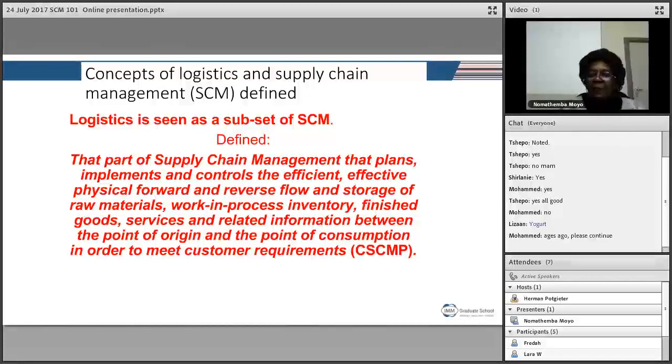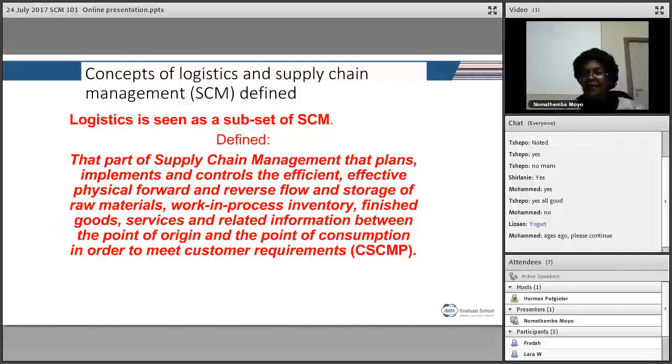It is that part of supply chain management that plans, implements, and controls the efficient, we talked about efficiency, effective physical forward and reverse flow and storage of raw materials, work in process inventory, finished goods, services, and related information between the point of origin and the point of consumption in order to meet customer requirements.